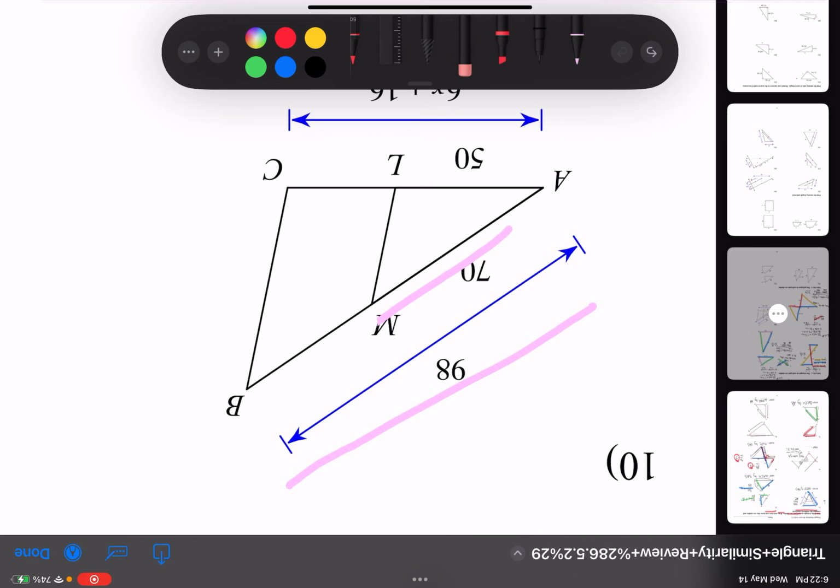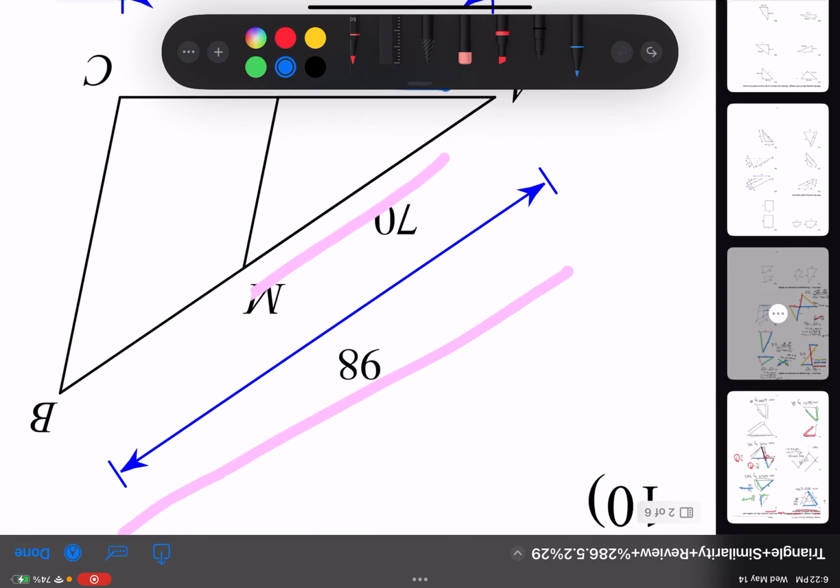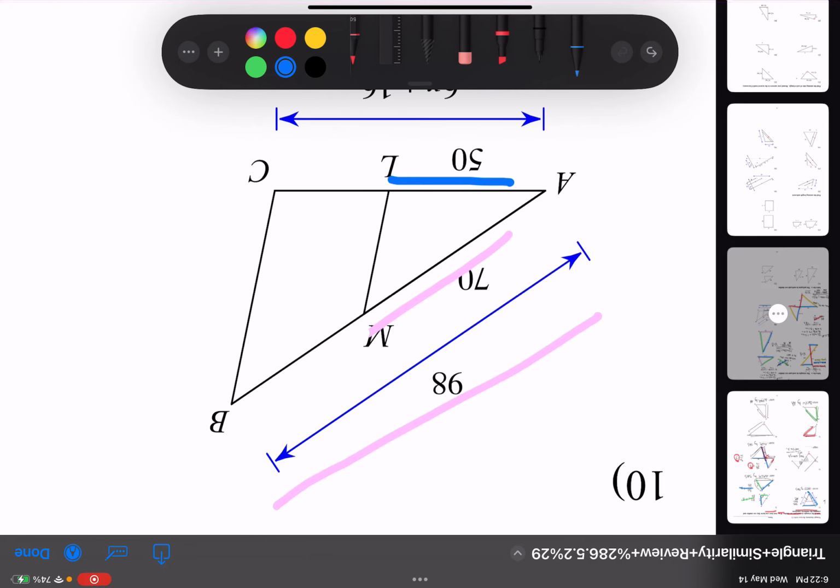And for the other side, this is the same line and this is the same line. Do you get what I'm saying? It's this blue line. You notice how there's a line right here? That's telling us that that's the smaller triangle, and this one is the bigger triangle, basically, right?